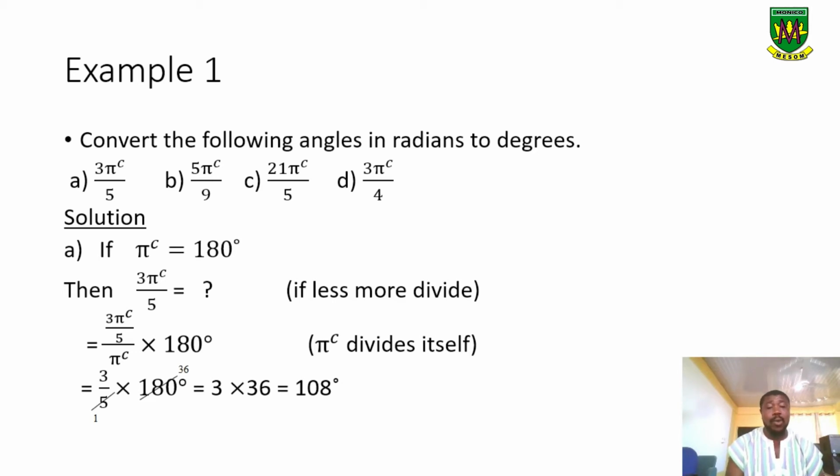Pi radians is common to the numerator and the denominator, so they will go off, and it will be left with 3/5 times 180. Further simplification gives us 5 will go into itself 1, and 5 will go into 180, 36. So we multiply 3 by 36 to give us 108 degrees. So you see, we have changed 3/5 pi radians into 108 degrees.